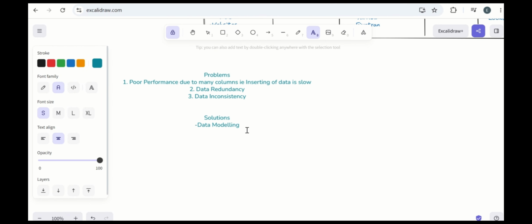So currently our table contains three entities. It has orders plus customers information plus products information.